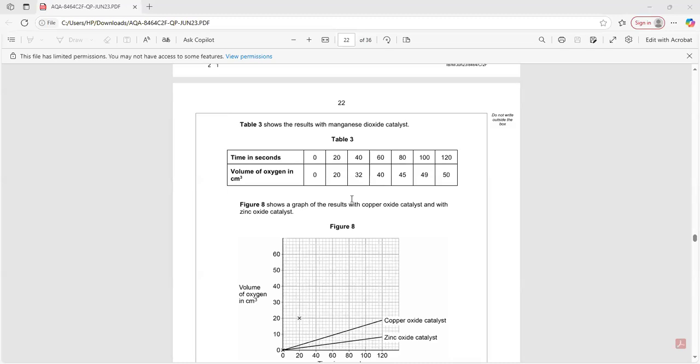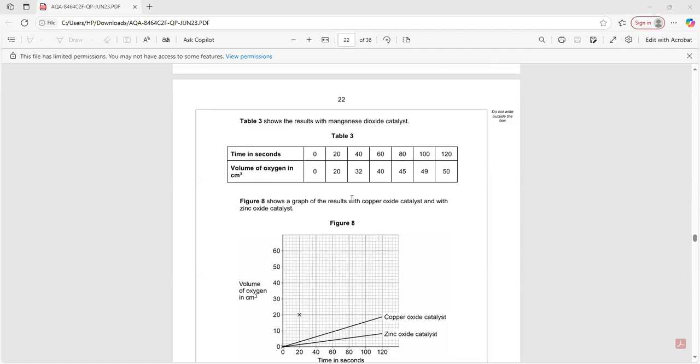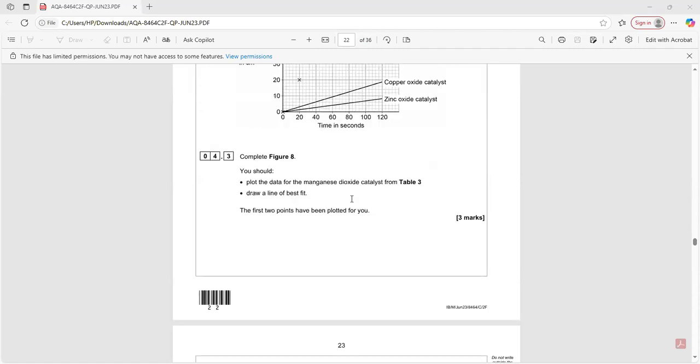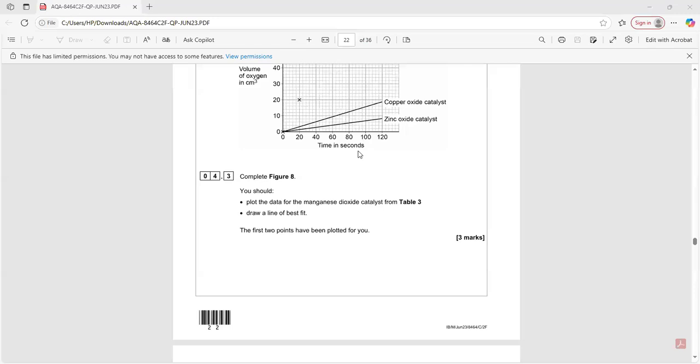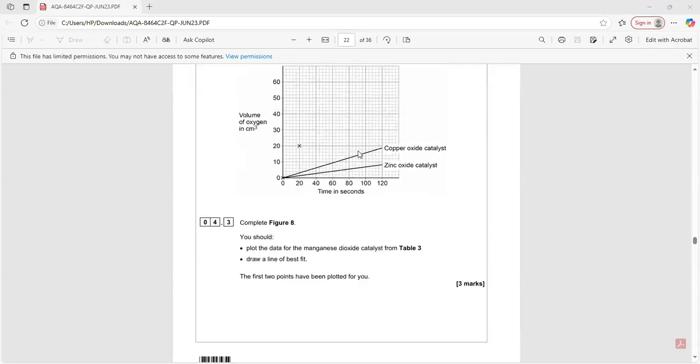All right. So you know what? We've not done the graph, but this is what I'm thinking. Manganese dioxide would probably be the best, right? But let's see. The best catalyst for... okay, yeah.